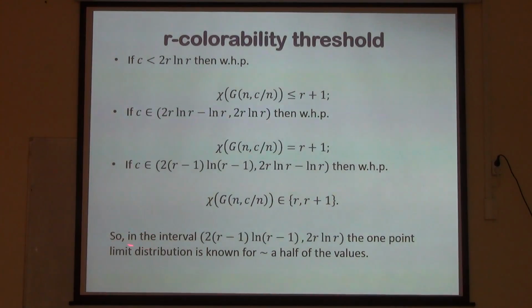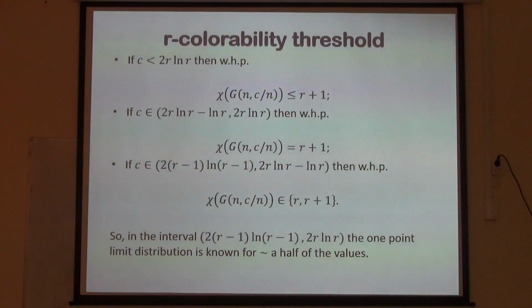It is unclear. So we know the limit distribution roughly for half of the values of the parameter. The difference between this and 2r log r is log r, and between this and this we also have asymptotically log r for the chromatic number.